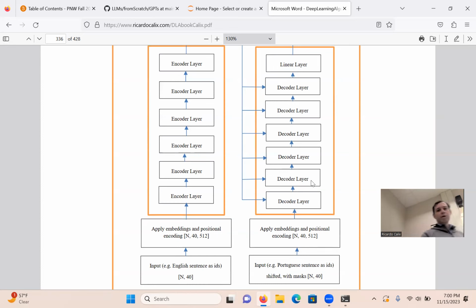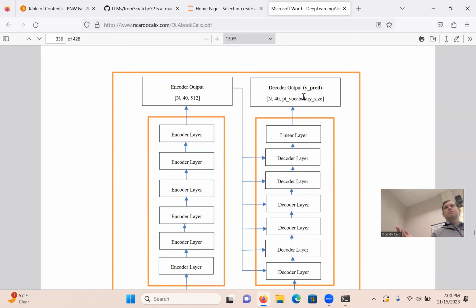If you give it English and Portuguese "the boat is going really," and here it says hamburger, but the real sentence is "the boat is going really fast," then the loss is bad, right?